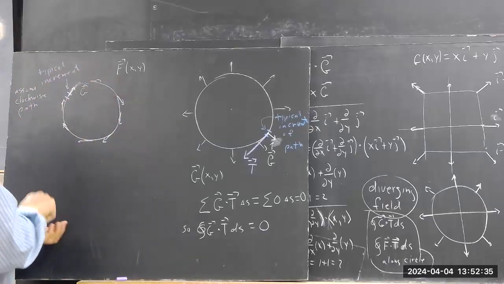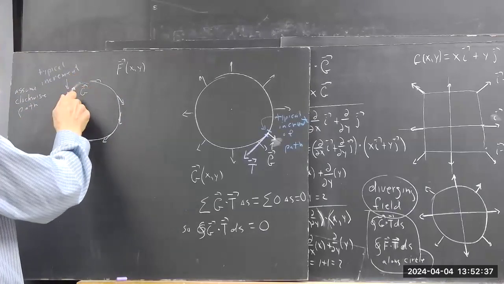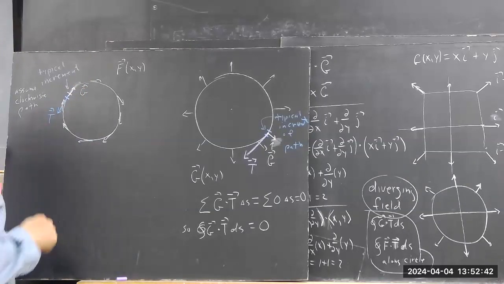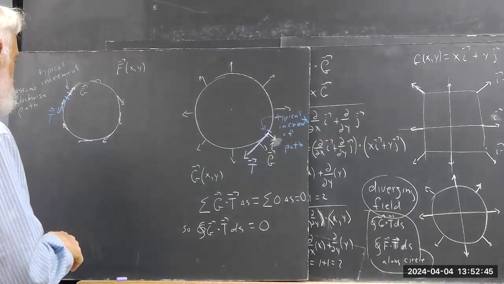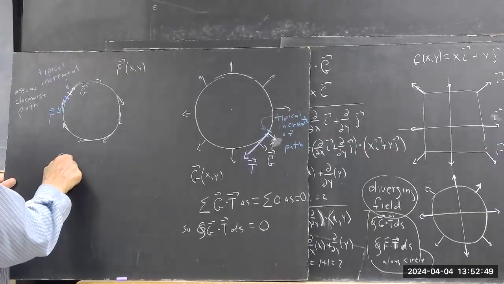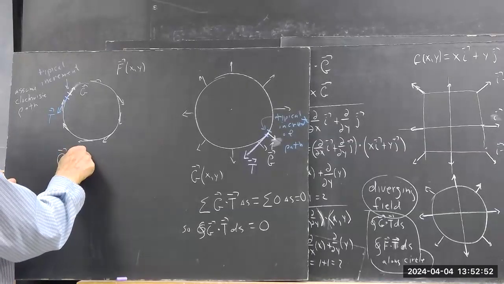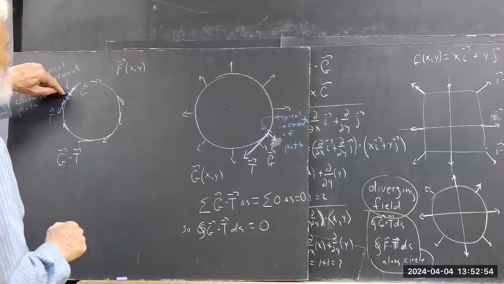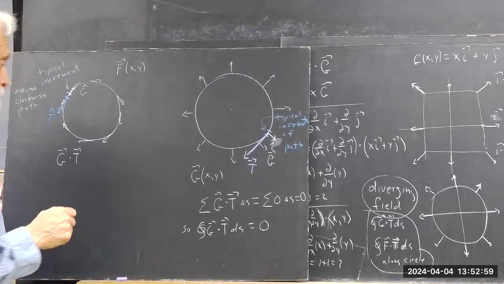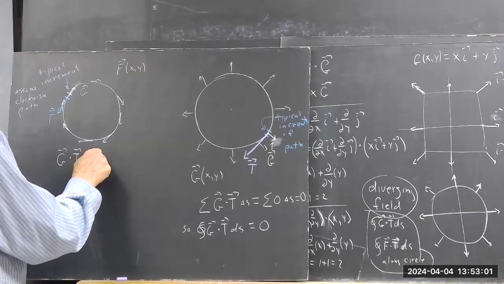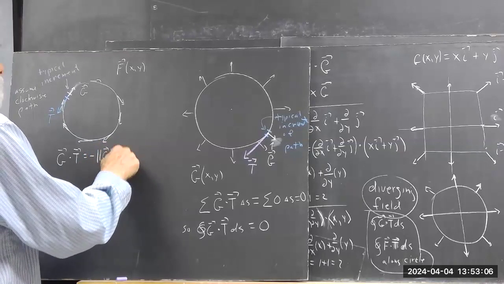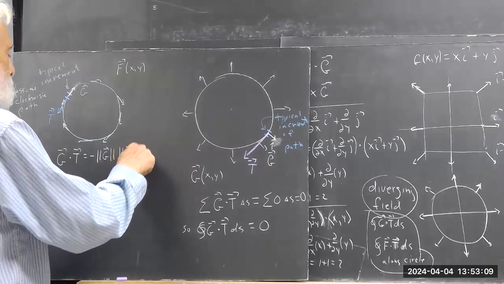Assume a clockwise path so that your unit tangent vector isn't right on top of the G vector. So here's your unit tangent vector. On this interval, G is tangent to the unit tangent vector. G dot T then equals the negative magnitude of G times the magnitude of T.